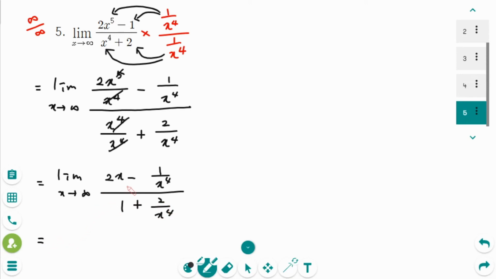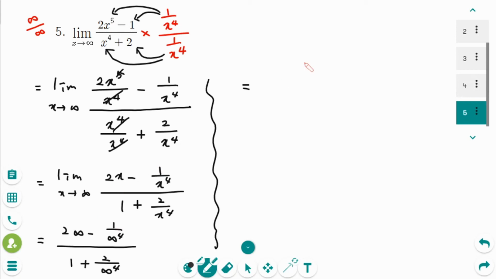And then infinity into x, this one is 2 infinity minus 1 over infinity to the power of 4 over 1 plus 2 over this one.